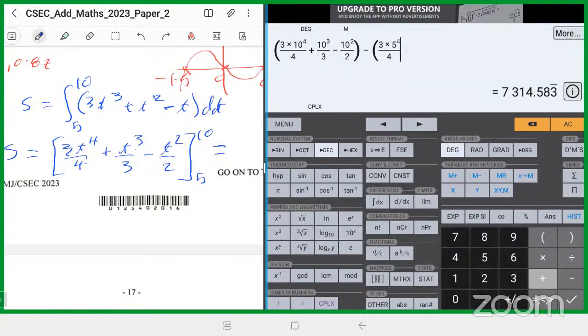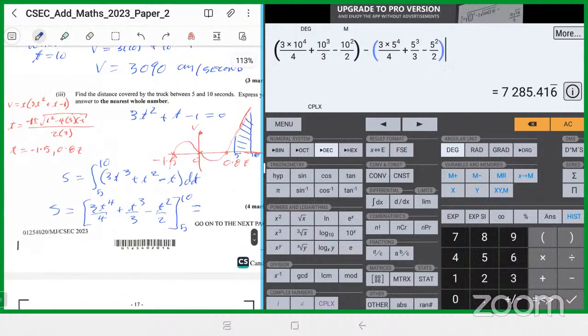Then I'm going to add a fraction again, 5 cubed over 3. And then I'm going to subtract a fraction again, 5 squared over 2. And then close that bracket. That's going to be my answer.